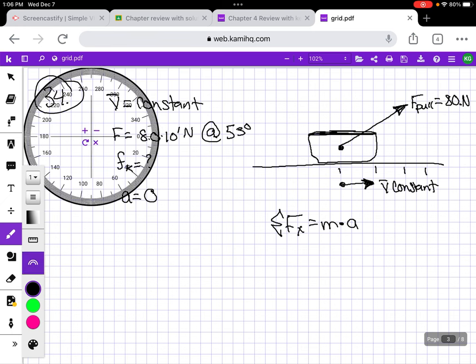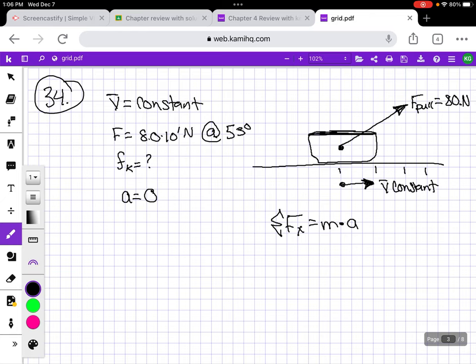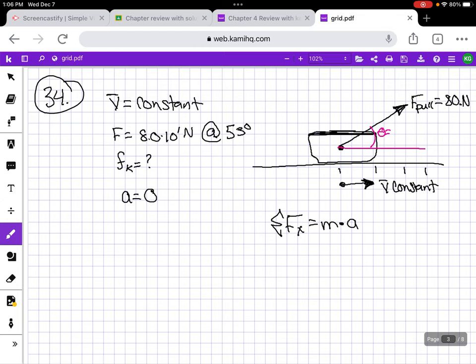that's kind of cool. I should be playing with the tools while I do this though. So this theta is equal to 53 degrees.